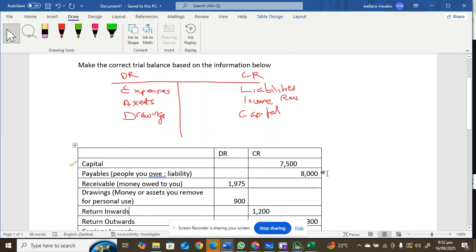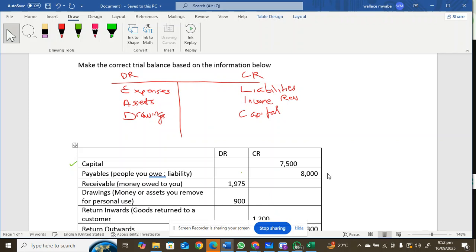Yes, goods returned by customers to a business.